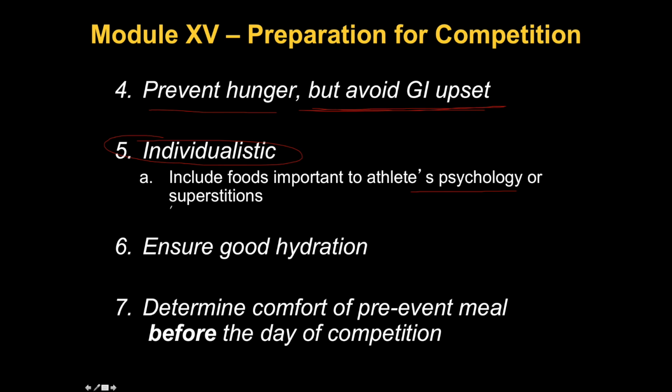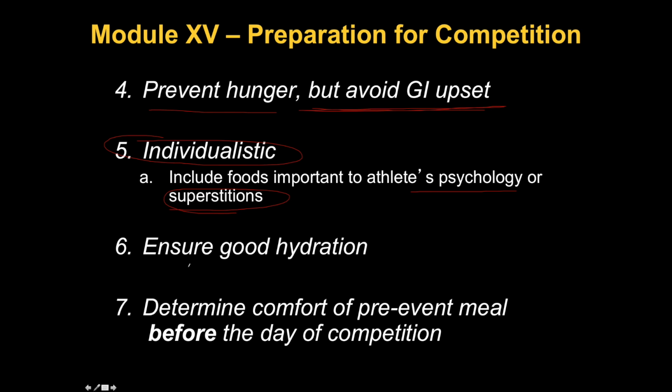We want to also avoid any superstitions that the athlete might have because, again, that's going to affect the psychology and could then end up imparting a placebo effect on their performance. So individualizing the plan is very, very important.